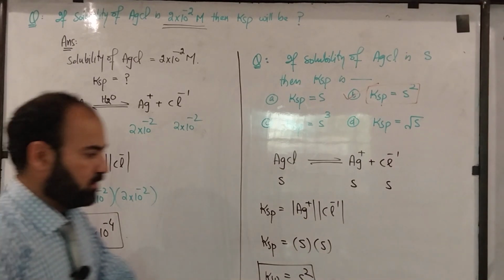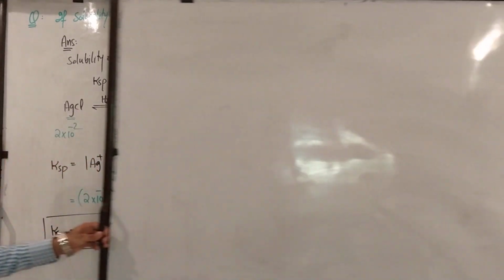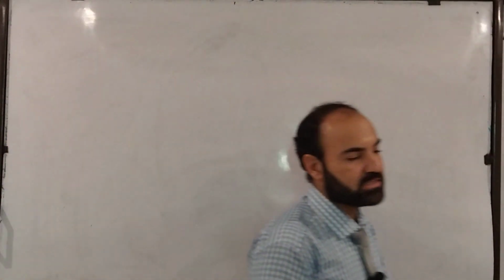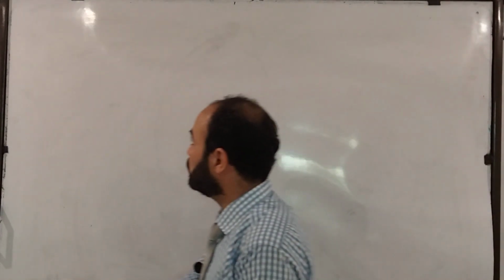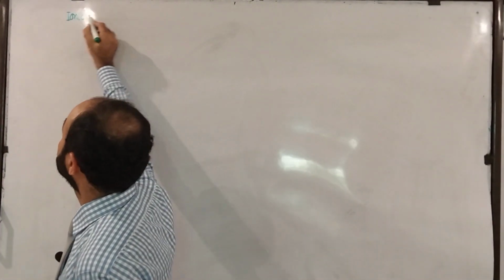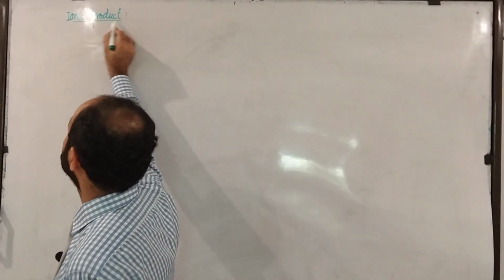Okay? Okay, let's take the next term in the solubility product, the constant of the solubility product. Let, for example, if you find out the nature of the solution, either the solution is saturated, or supersaturated, or unsaturated. So how do you find that out? For that, we need the concept of ionic product. Okay, what is an ionic product?